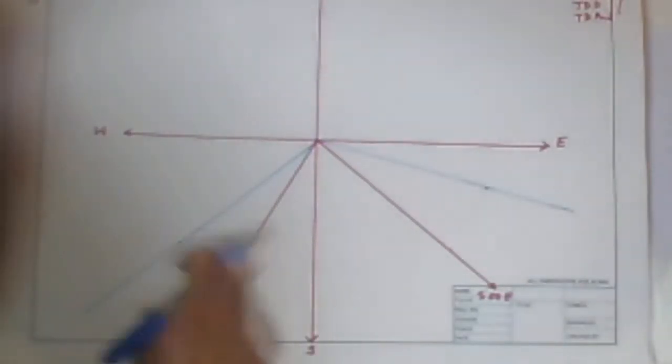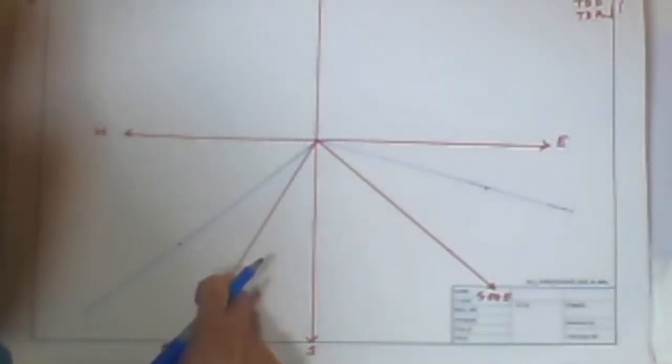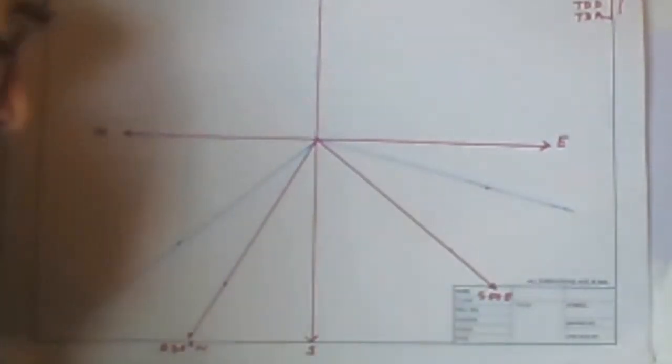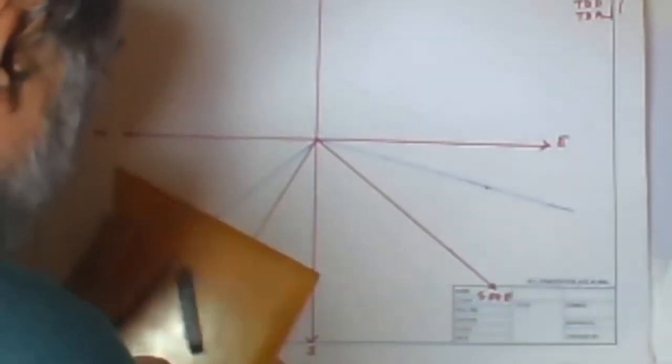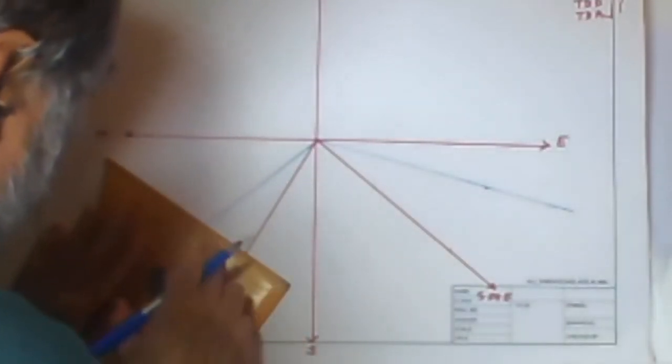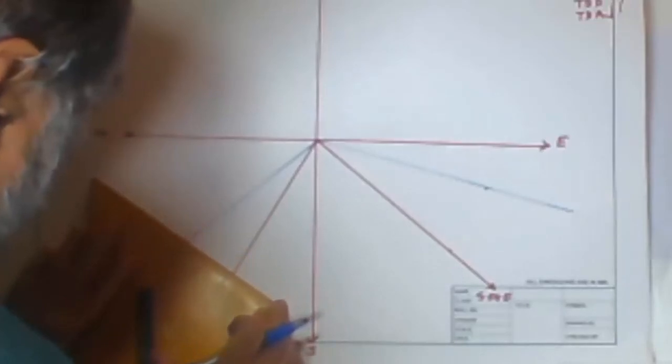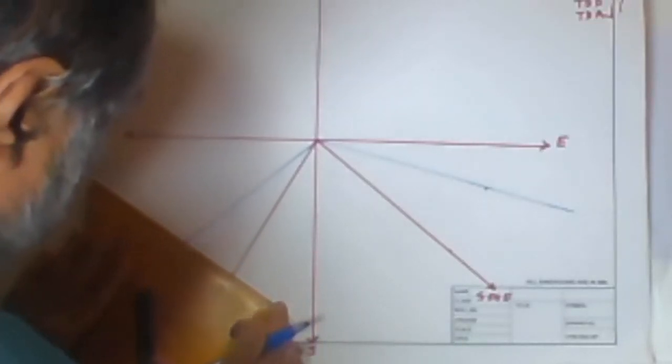Now take 2 centimeters from this line, and take it on that line. So take the protractor, 1 centimeter, 2 centimeters. So you have to go down.